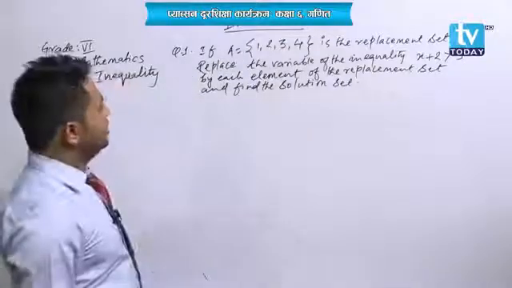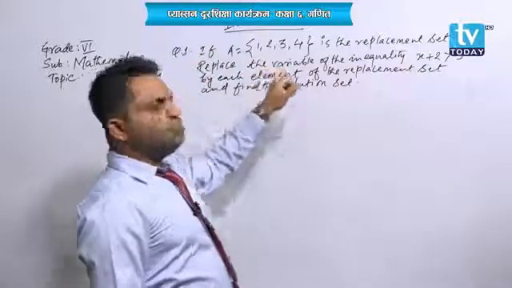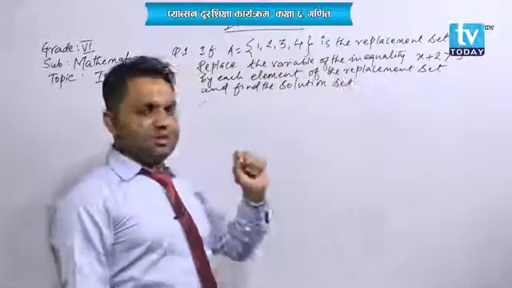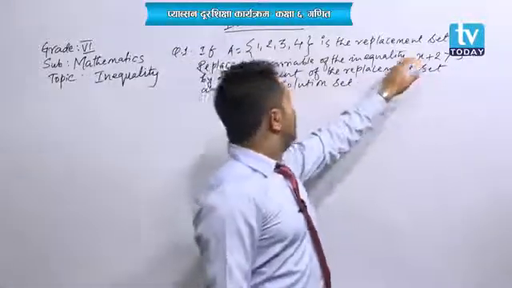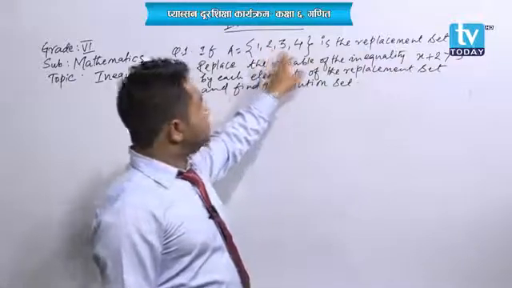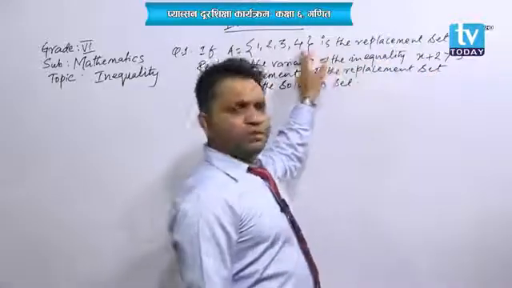Is that clear? Here, A equals 1, 2, 3, 4 is the replacement set. Replacement set means we have to replace the value of x first by 1, second by 2, third by 3, and fourth by 4.